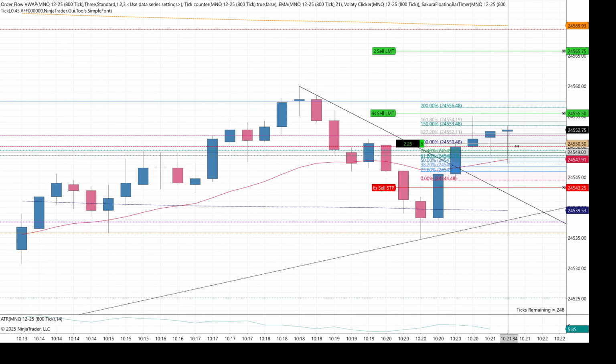I had a chance to add it to 50 here, didn't get it. This trade would have been done, but this trade would have been done.